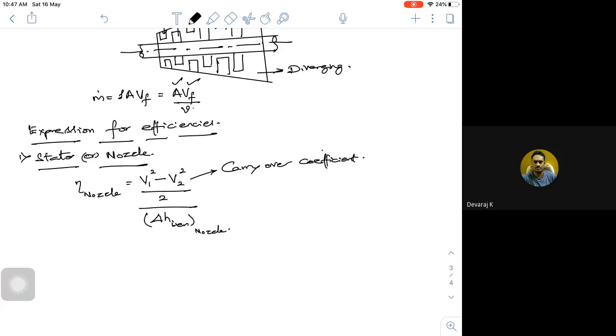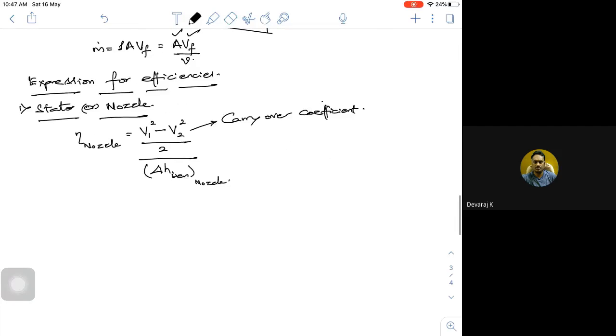If I consider the carryover coefficient, which we have defined as psi, I can write V1 square minus psi into V2 square divided by 2 into delta H isentropic in the nozzle. This is your nozzle efficiency.